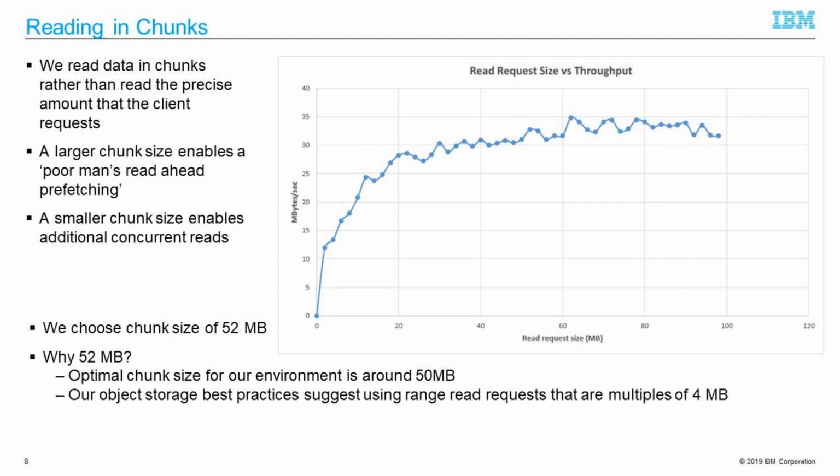We picked 52 because 52 is divisible by 4, which, and this is again fairly low level, is just a magical number, which is how our object store segments. So it's recommended that you read in multiples of 4 megabytes, and we picked 52.